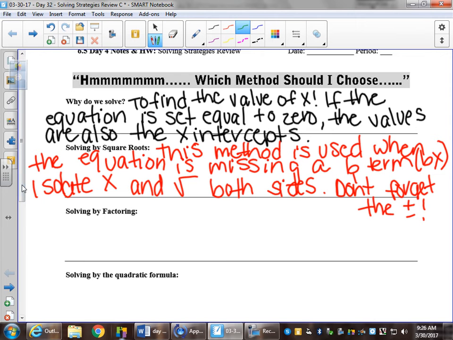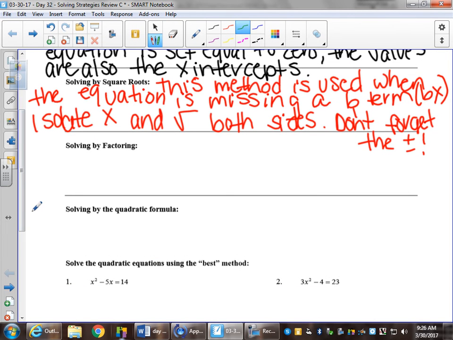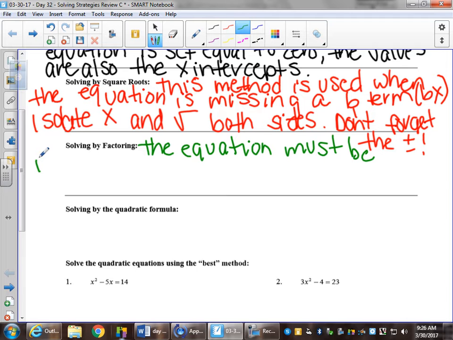Solving by factoring. The equation must be in standard form and equal to what? Equal to 0.